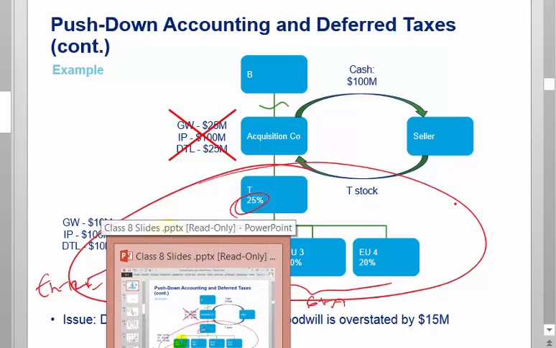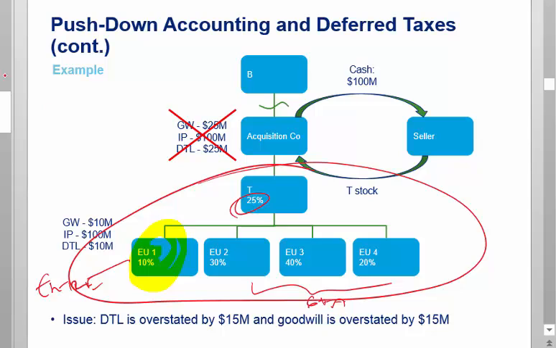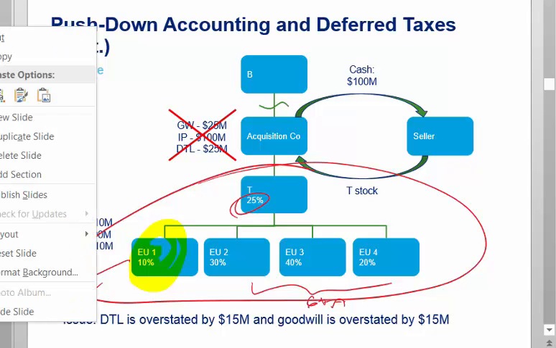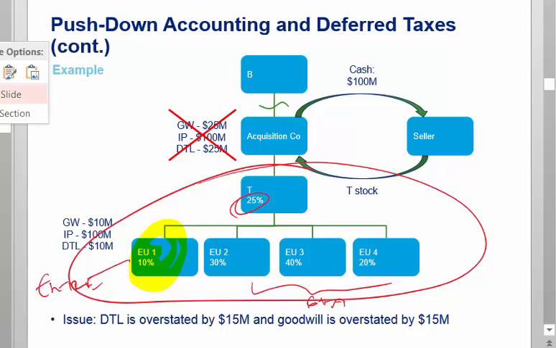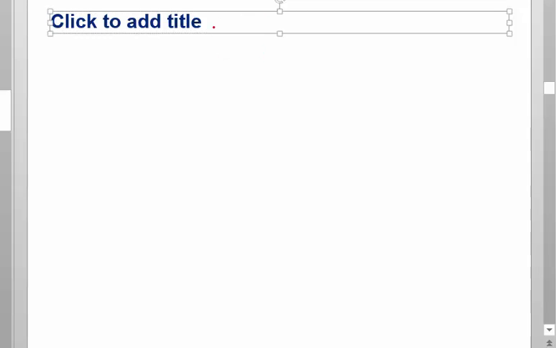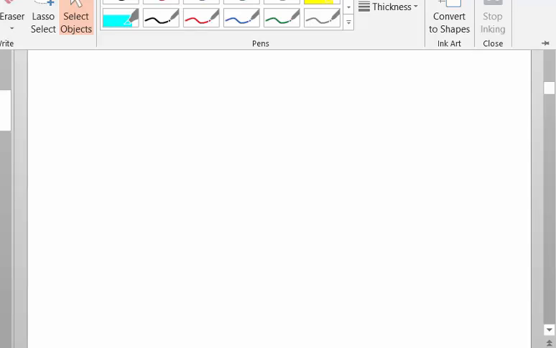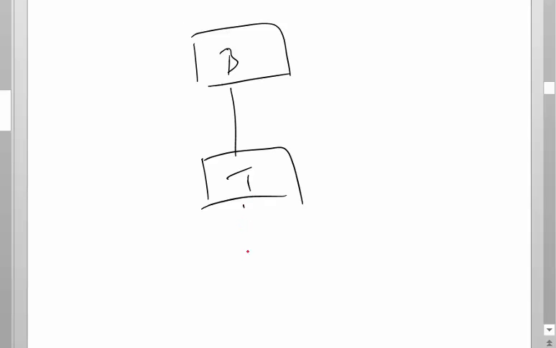So true story, one of my clients actually, they bought a target. This is quite a long time ago, but this is a company you would all recognize. They were the buyer, and they bought a target, which was a U.S. company, but it owned a Cayman structure.